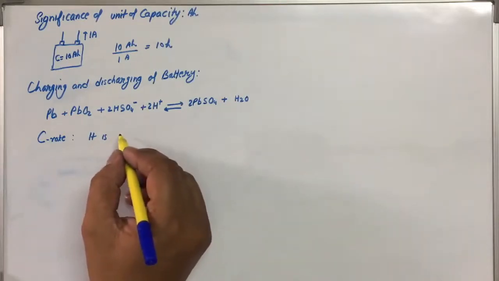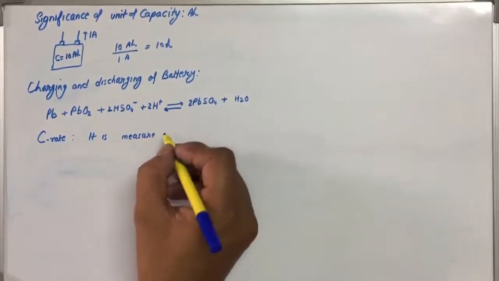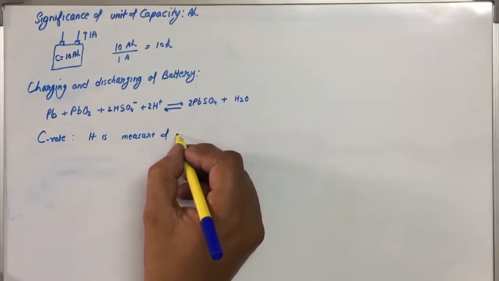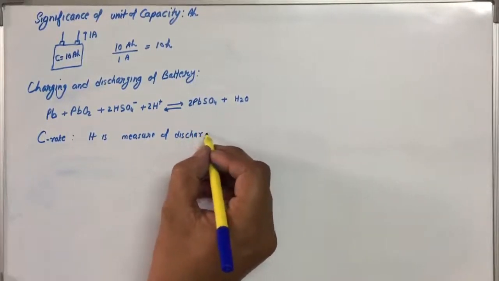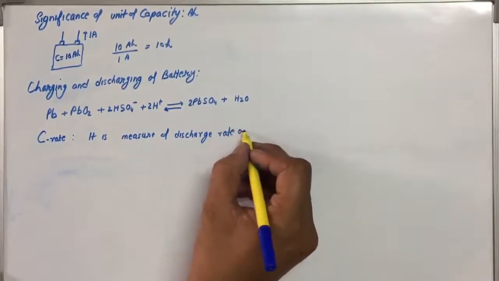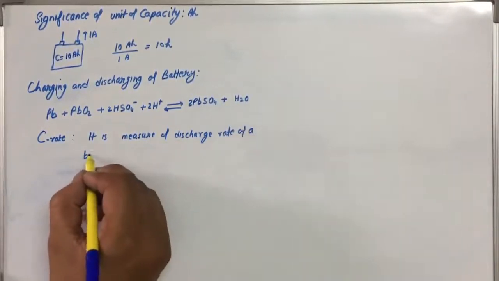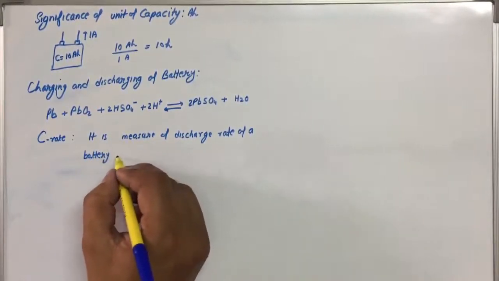So accordingly we can write it is a measure of the discharge rate of a battery relative to its capacity.